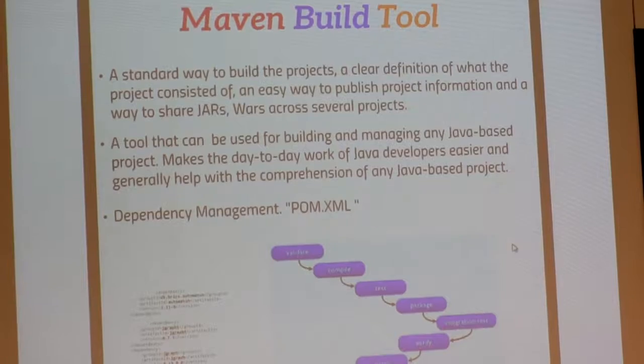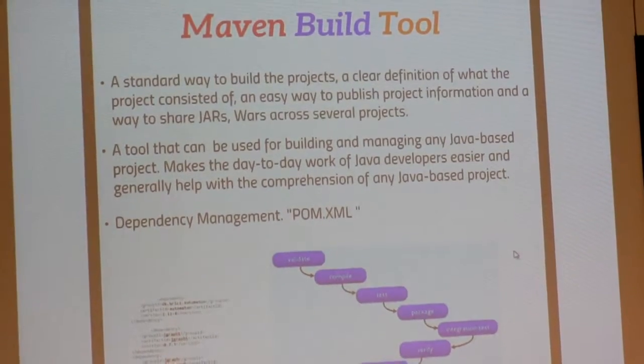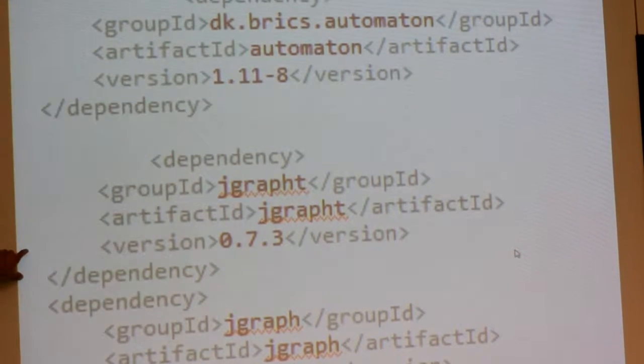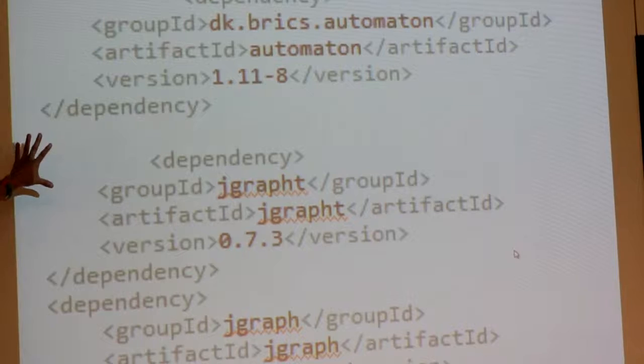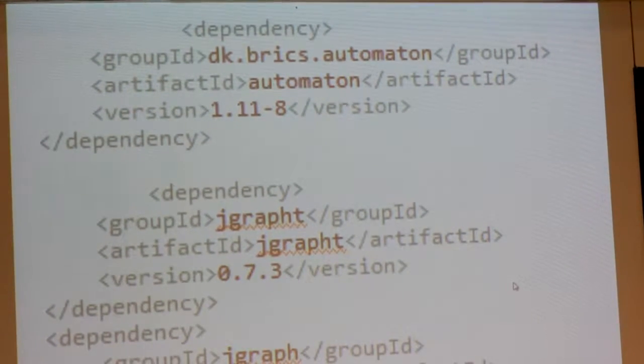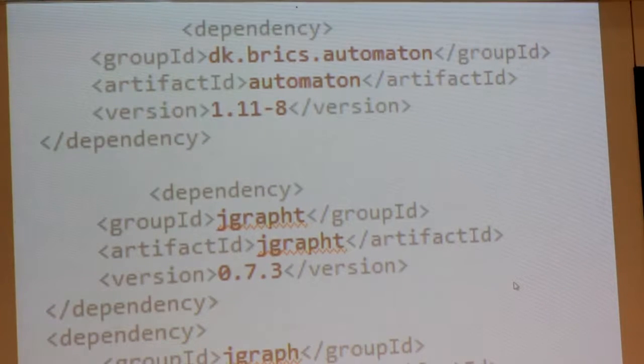We can focus on the design part rather than the structure. This is how we add the dependencies and APIs, using a dependency tag inside the pom.xml file. You can see here some of the APIs that we have used in our project.